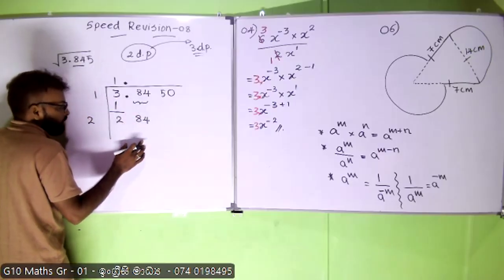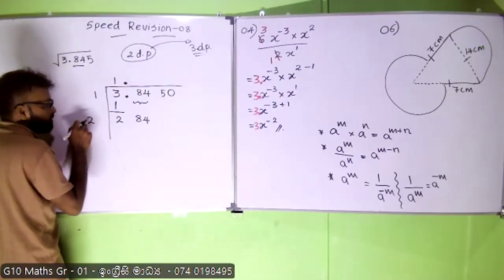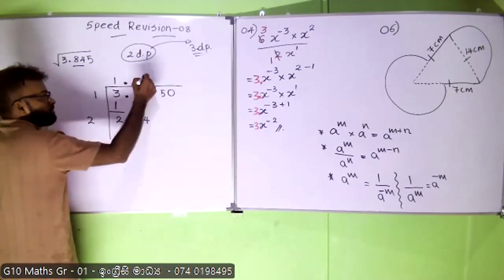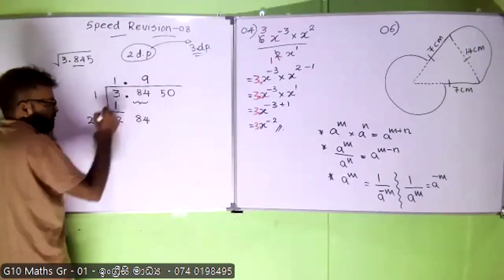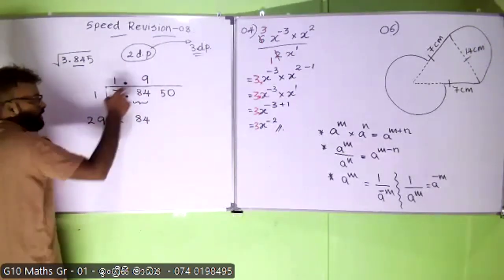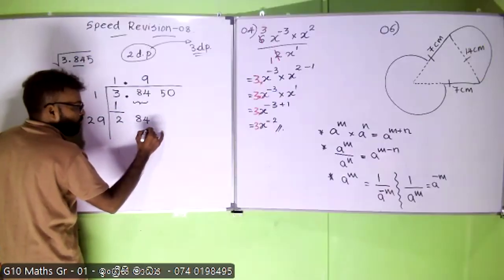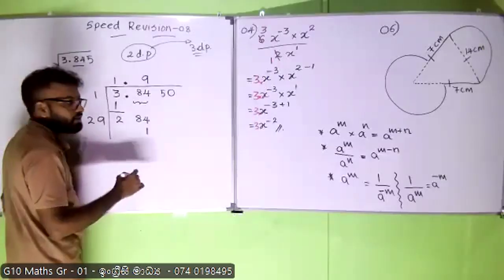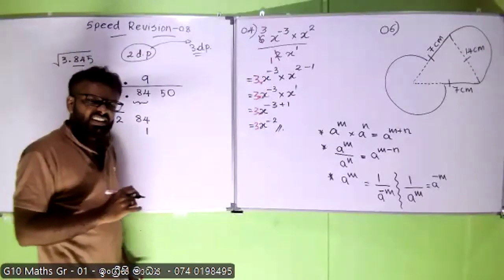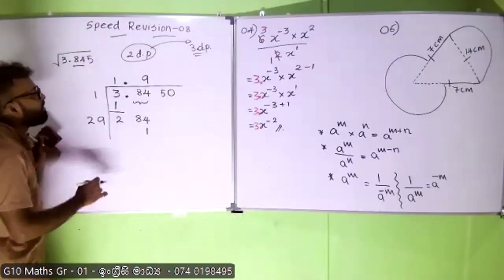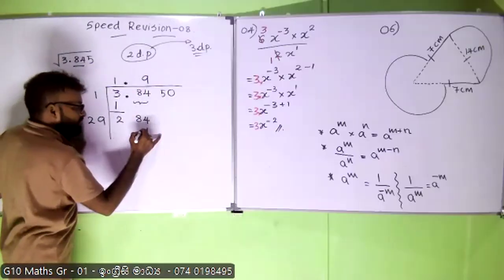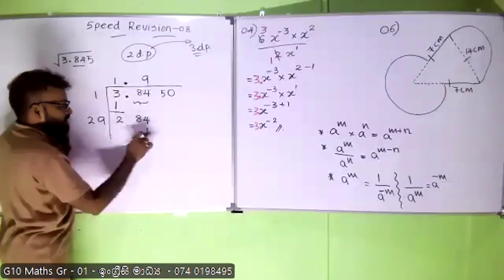It should be 9 times 29. Yes, super, 9. So 9 into 9, you know, 261.